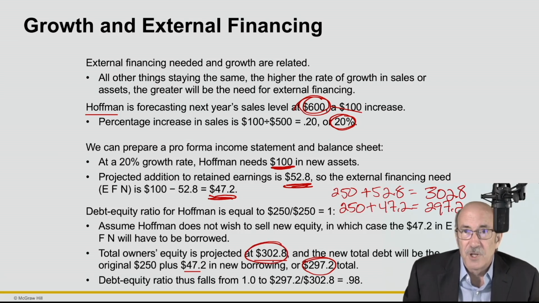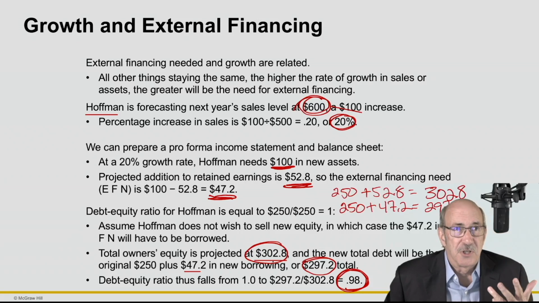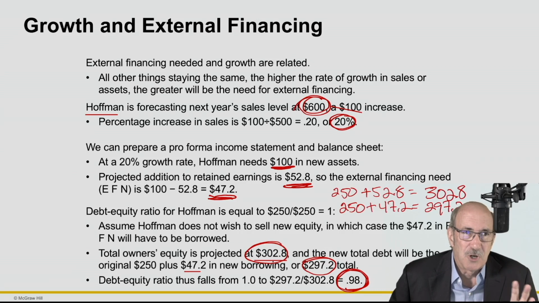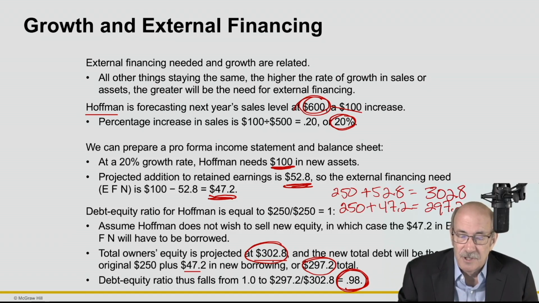And then we can calculate the debt to equity ratio, which used to be 1 before this project, and we see that it's dropped a little bit. So we've reduced the leverage a tiny bit, not substantial enough to affect the overall performance of the firm, especially when we're looking at something like ROE. It's going to drop it a little bit because the equity multiplier decreases, but not by anything significant.